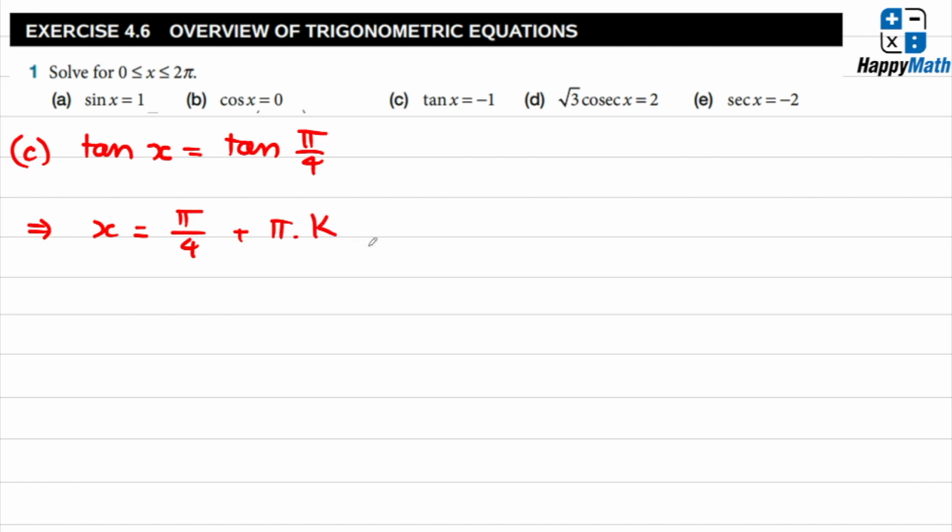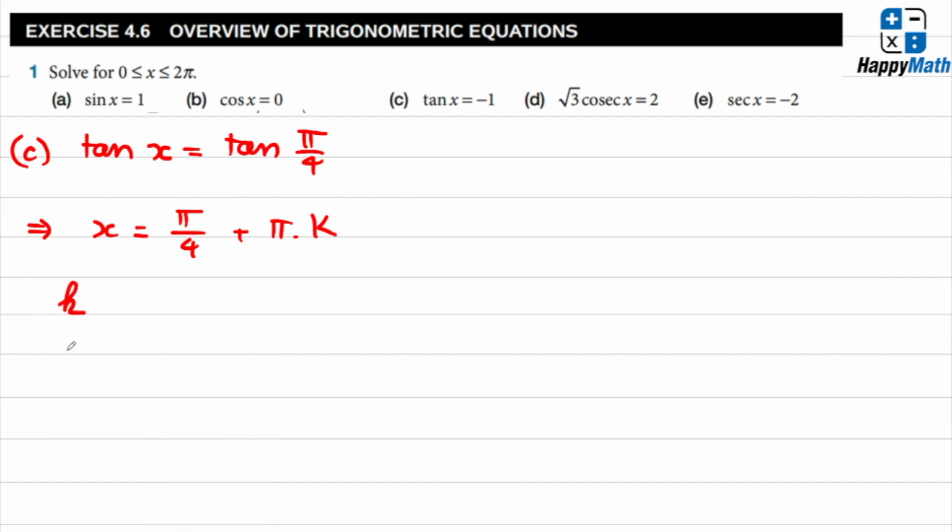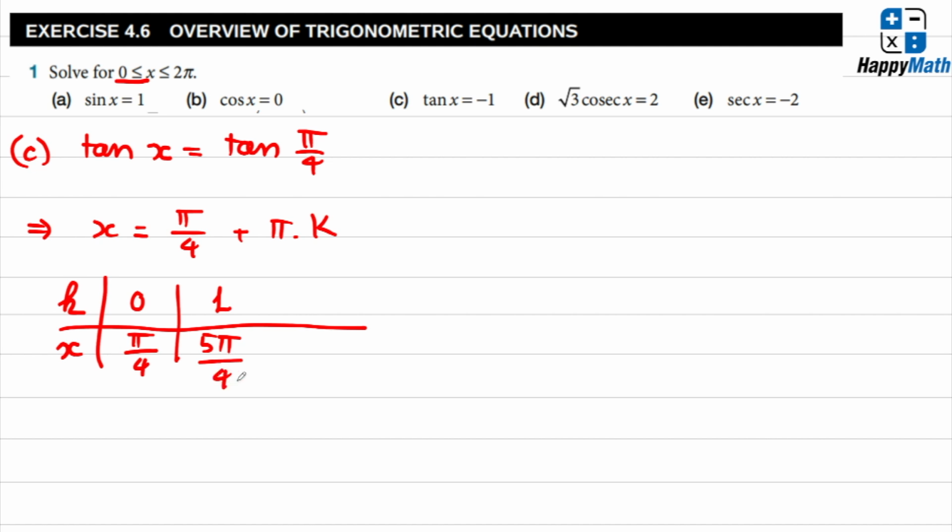I need to make a table of the value of k and the value of x. Because the value of x here is more than 0, I only try positive integers. K equal to 0, you get x equal to pi over 4. The second one, k equal to 1, you get 5 pi over 4 like here.